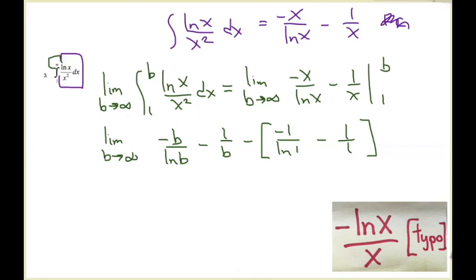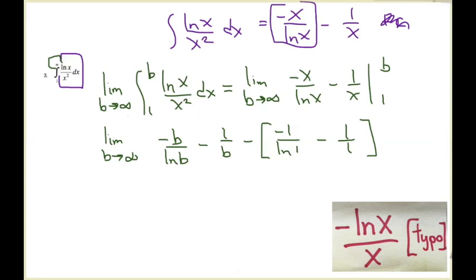I do have a typo in here, a rather significant typo. Let me bring this down a little bit. Let's take a look at this right here. I think when I wrote that, I should have written, I'm checking my answer key now. Apologies, guys.